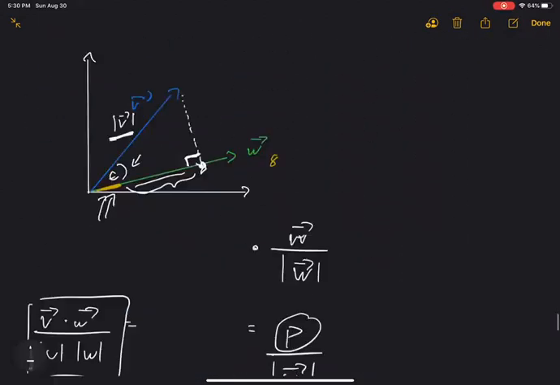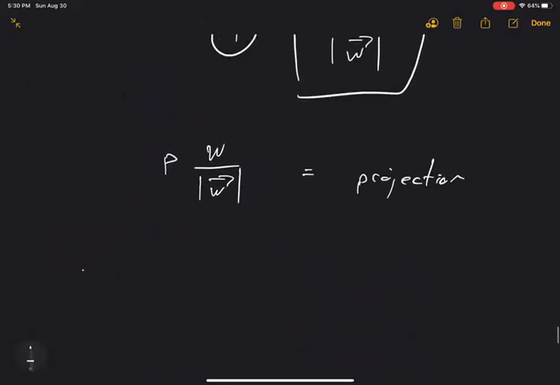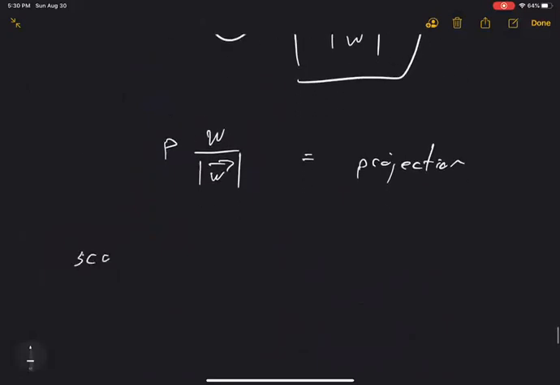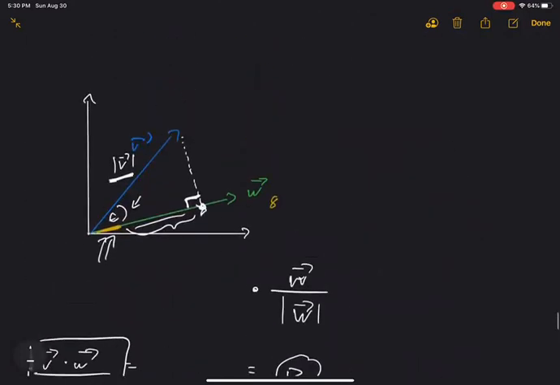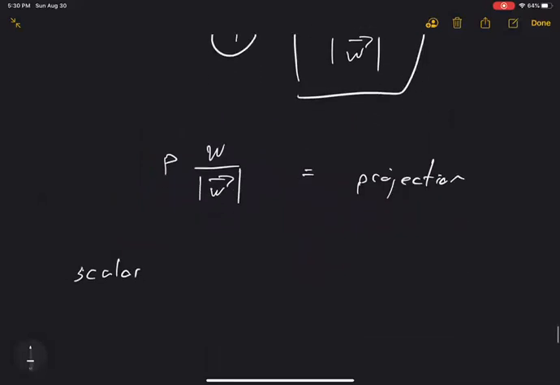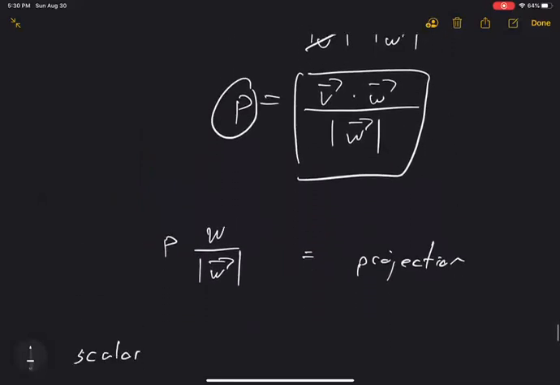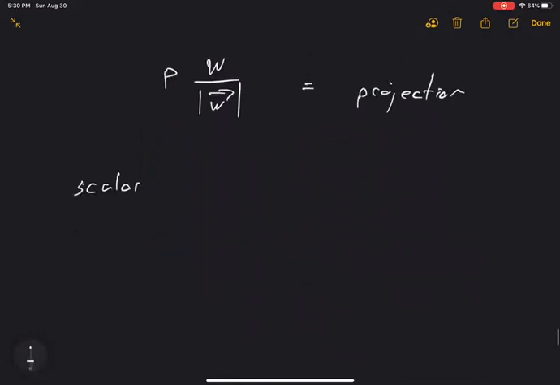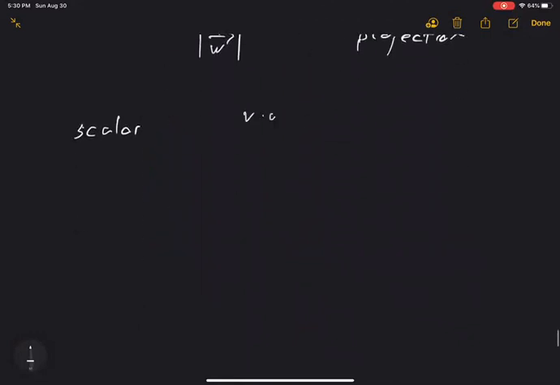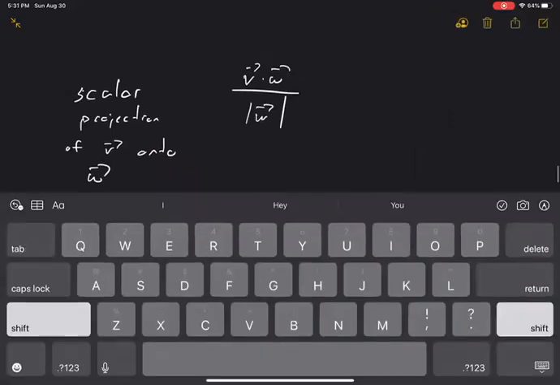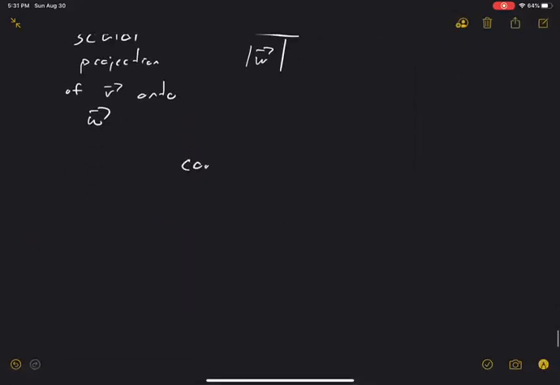The book also has something called the scalar projection, which is just that number we multiplied our unit vector by. And remember what that was. We found that was this, V dot W over magnitude of W. Okay, so we call that the scalar projection of V onto W. And then we have a similar notation for that.